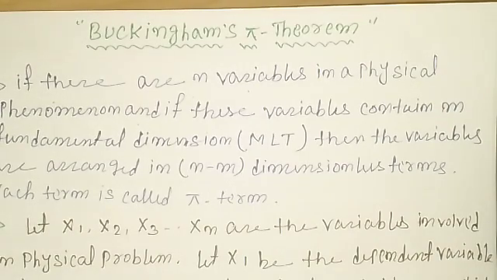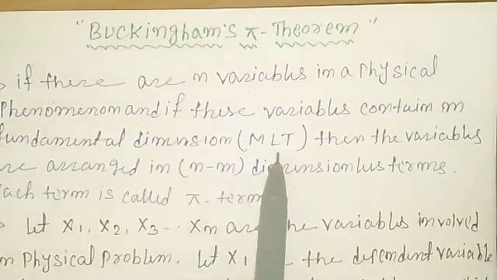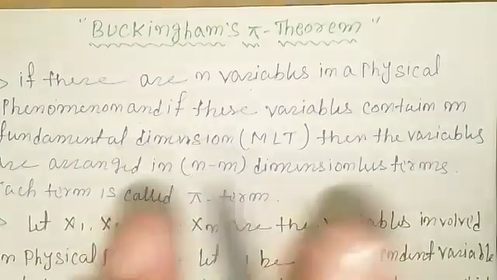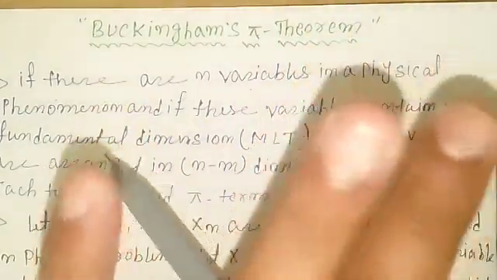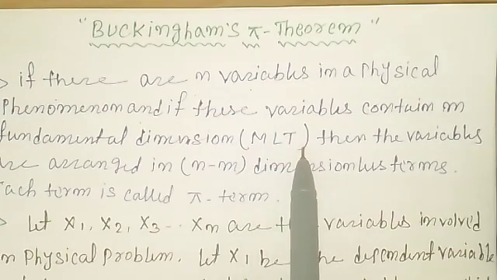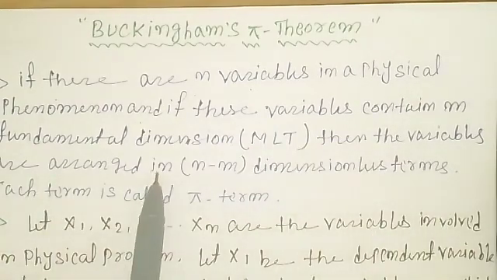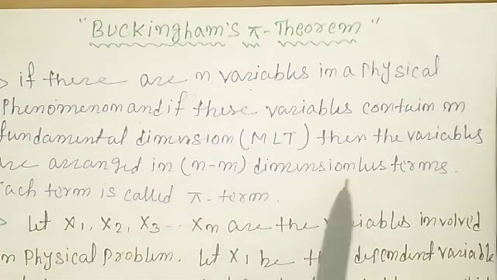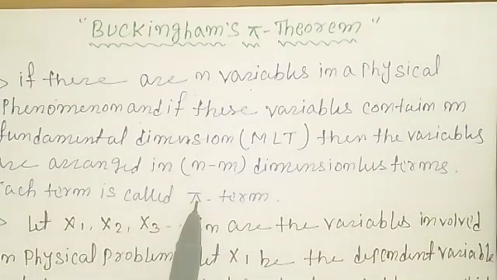In fluid mechanics problems we don't consider the temperature, so we are neglecting it. On that basis we can say there are three fundamental dimensions in a fluid mechanics problem: mass, length and time. Then these variables are arranged in n minus m dimensionless terms, and each term is called a pi term.